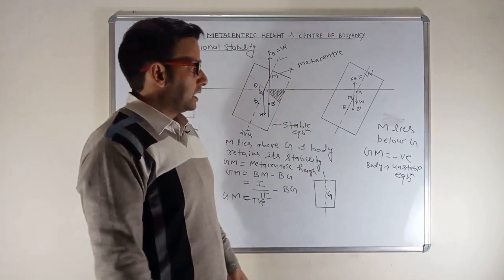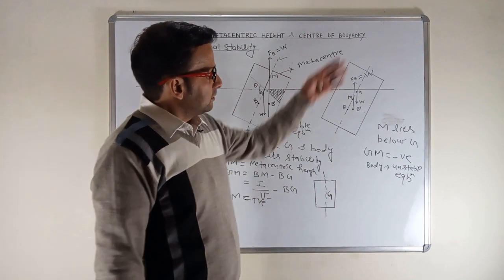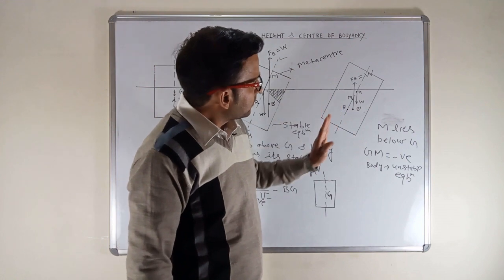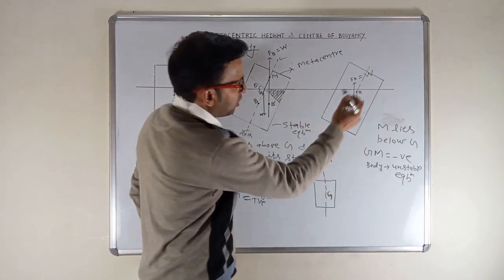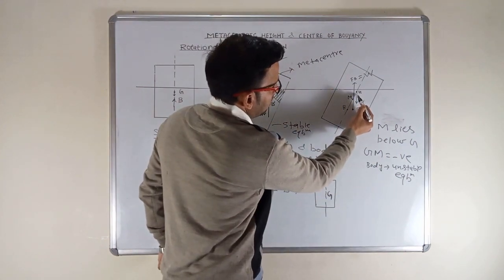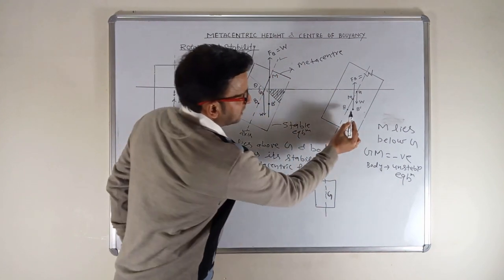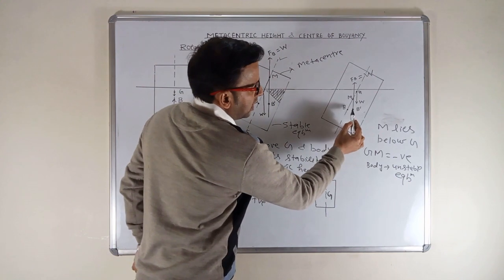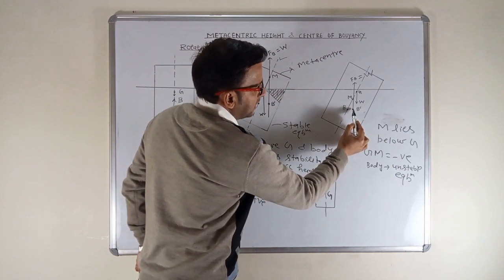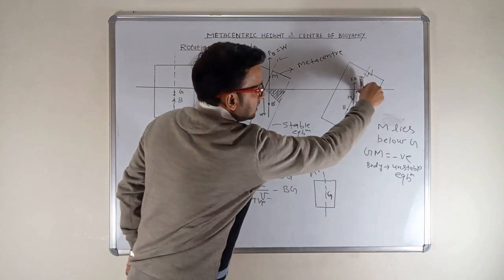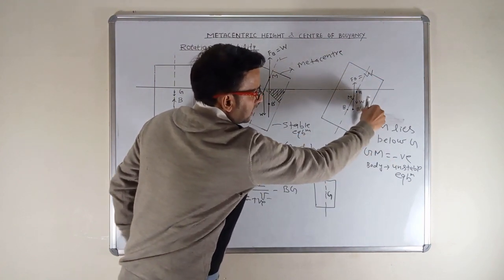What does happen in case of unstable equilibrium? Just concentrate. In this figure, you can easily watch that the weight of the body works downward at this point G, and this is the center of buoyancy. Buoyant force will be acting through the center of buoyancy in this direction, and in this direction the weight of the body is working.